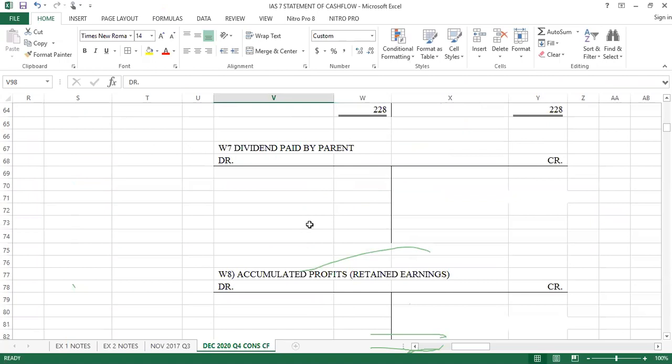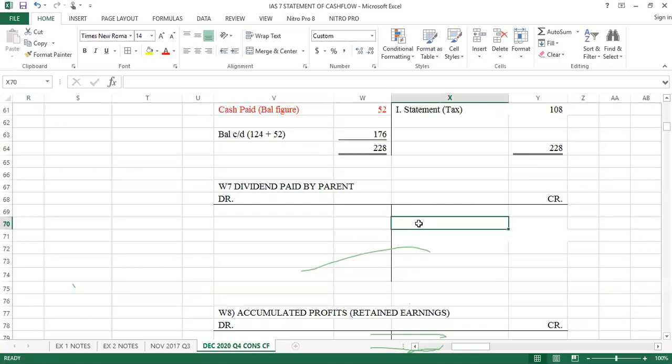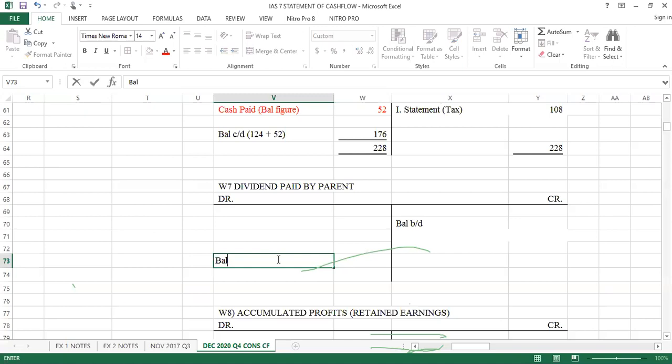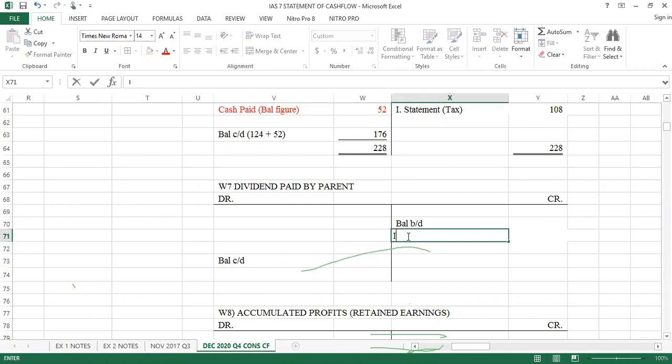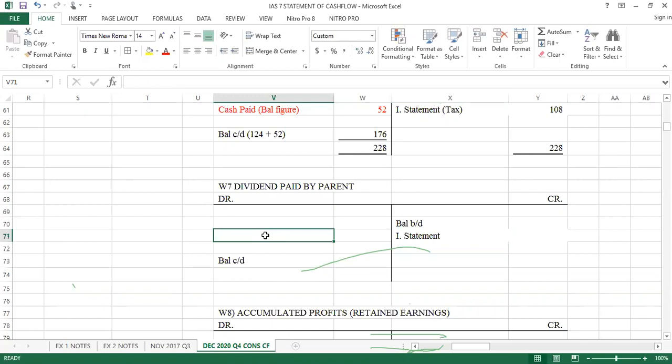So let's try it with dividends paid. The first one, balance brought down, balance carried down, and then of course the value in the income statement. What we'll get is cash paid, which is the balancing figure. Allow me to take my time there.